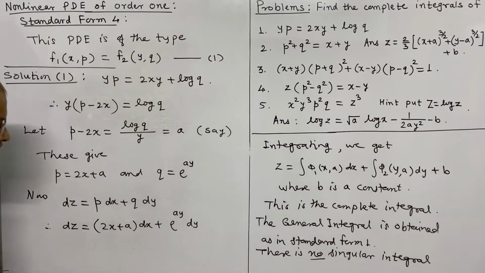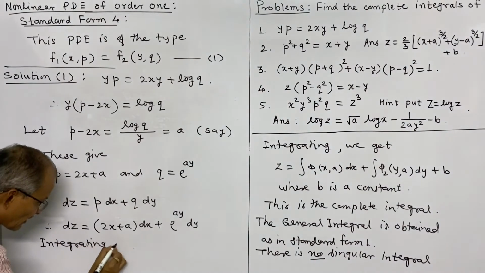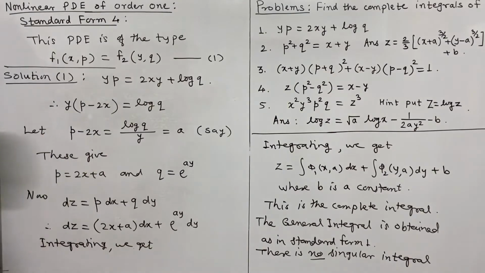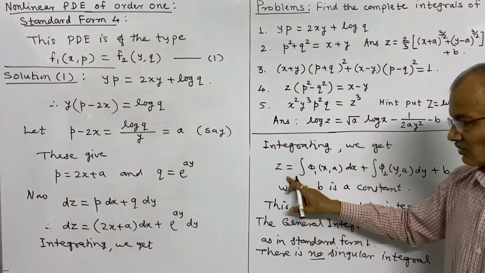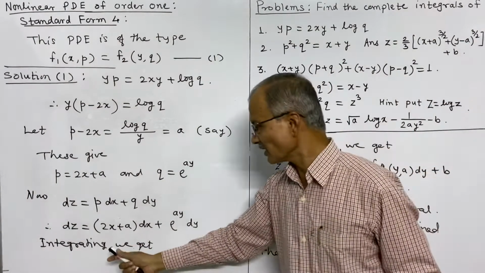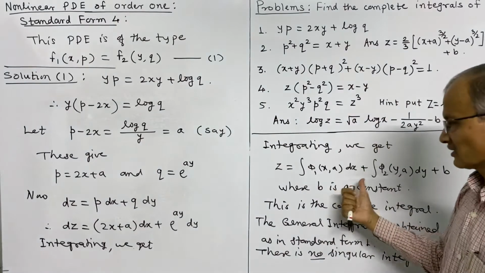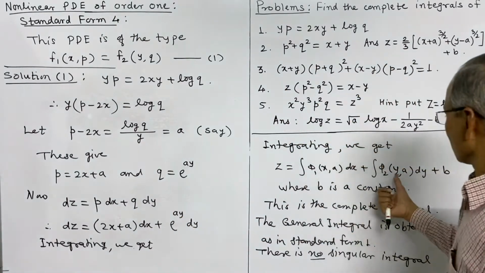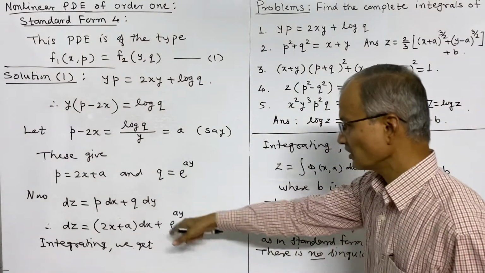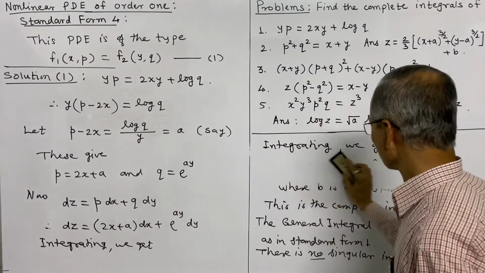Integrating this, what shall we get? We get z is equal to the integration of a function of x and a, phi 1, and a function of y and a, into dy. So just integrate this, and we can write the integration directly.